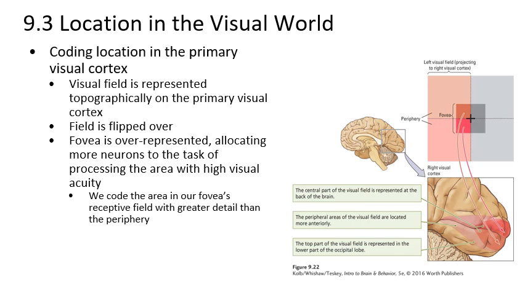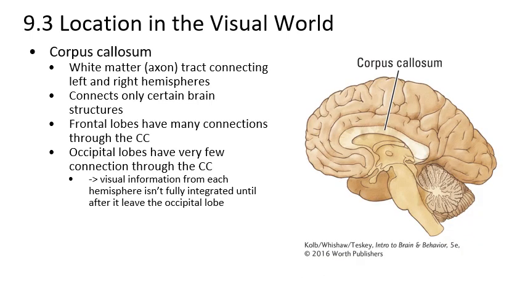And the fovea is overrepresented, meaning that for the amount of space the fovea takes up in the visual field, a relatively large amount of the neocortex is dedicated to it. This allows for greater detail for the information that was in the fovea as compared to the periphery.